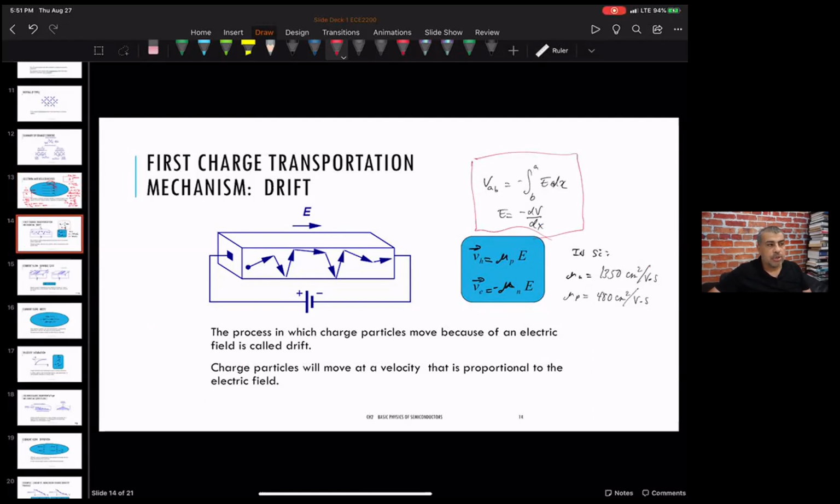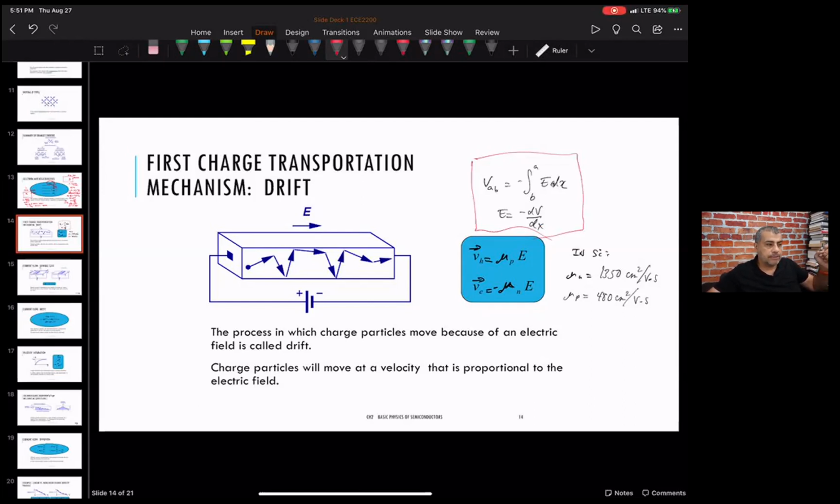In a semiconductor, you have that type of current transport, but you also have a second type of current transport. But let's talk about this first, which is the same as in conductors. This is called drift, because the carriers are drifting along with the electric field.